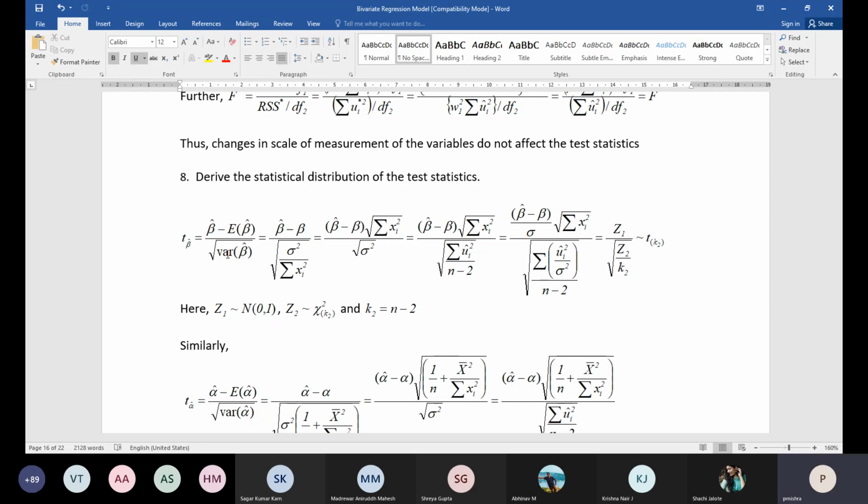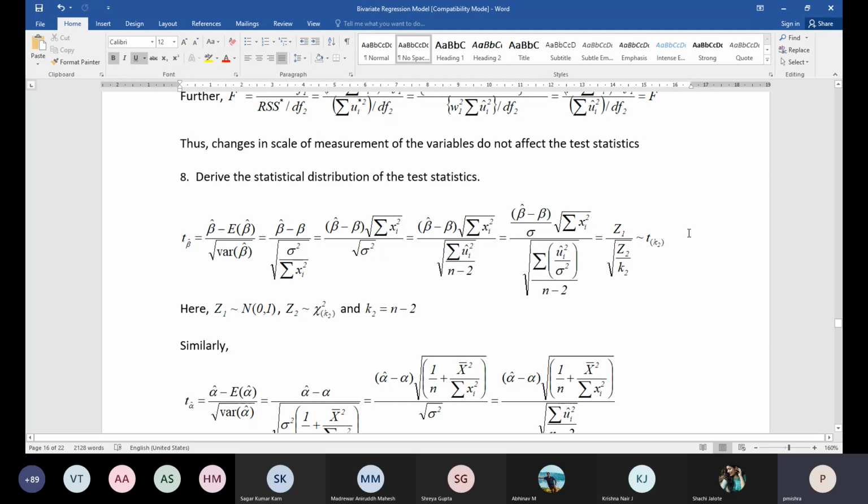And the moment we do this, further standardization gives us a chi-square distribution in the denominator and a standard normal distribution in the numerator. Eventually, this ratio, by definition, is a t distribution.